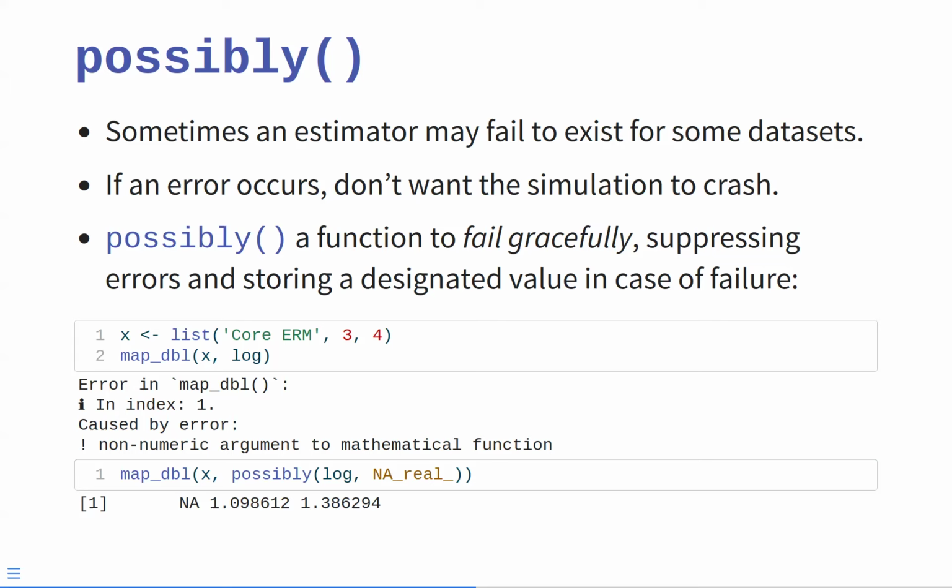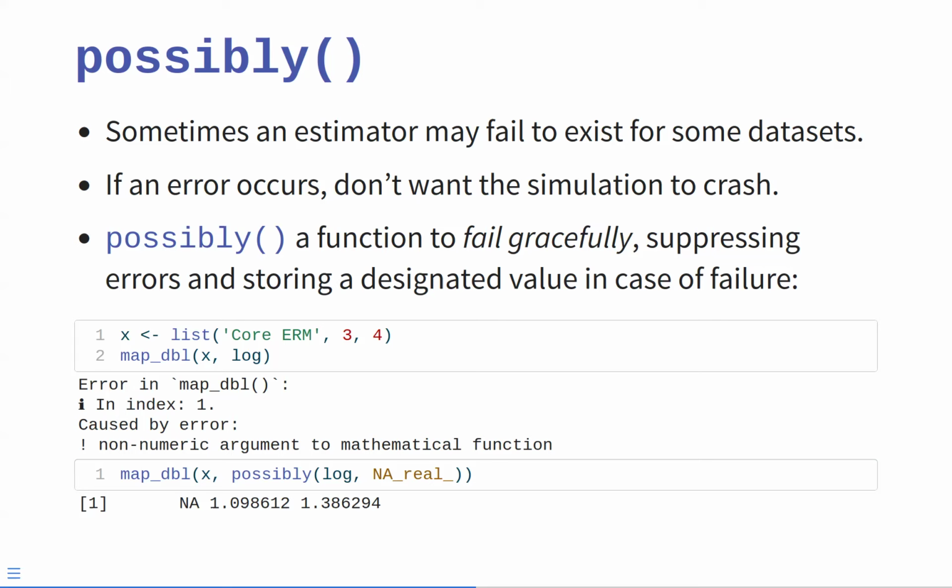The instrumental variables estimator is going to require that there is some correlation between the instrument and the endogenous regressor. If you had a really, really small sample size, it is possible that in the sample, that correlation could potentially be zero, in which case the estimator wouldn't exist. Now, it's very unlikely, but it could happen. There are other situations where an estimator could fail for similar sorts of reasons. There's some division by zero, or you're trying to solve for the root of a polynomial, but actually it doesn't have a root.